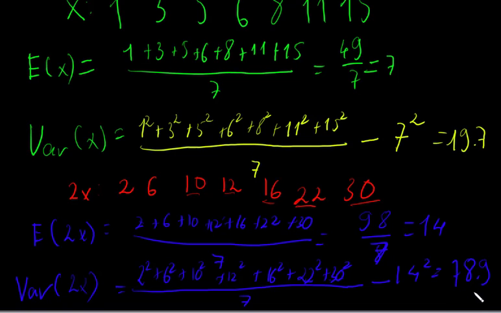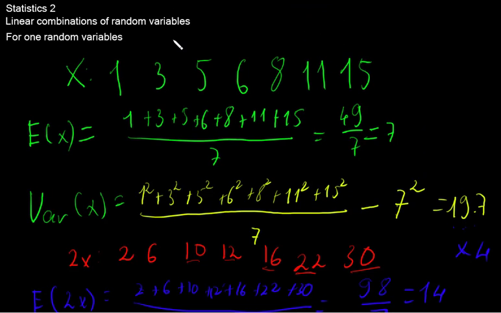Now, a funny thing about 78.9 is that it is approximately equal to 19.7 times 4. So for that, we have the basic formula of linear combination of random variables.